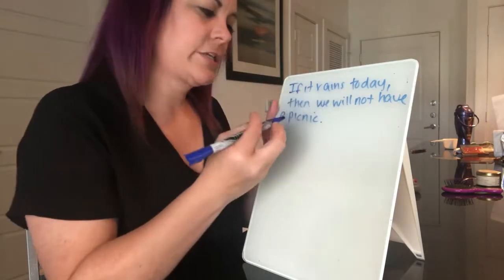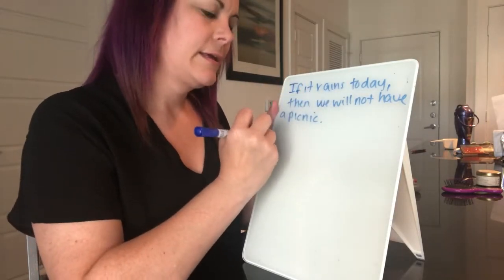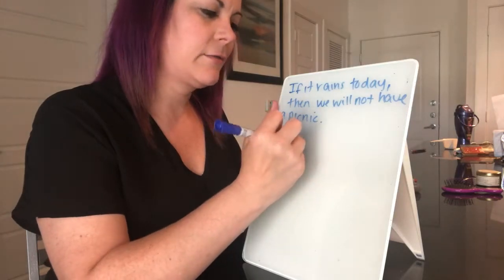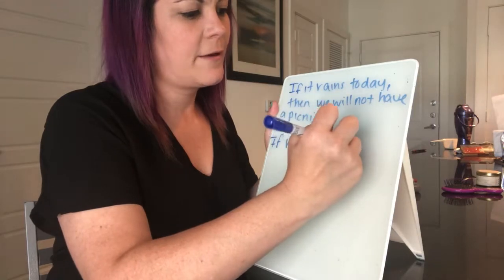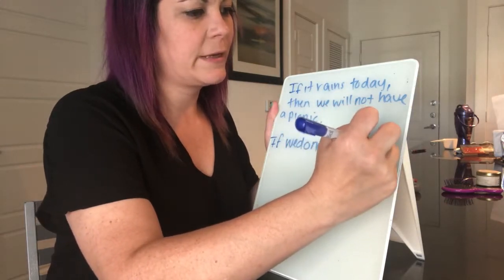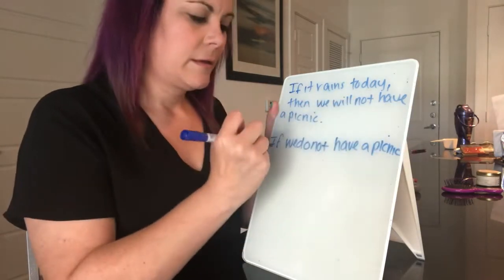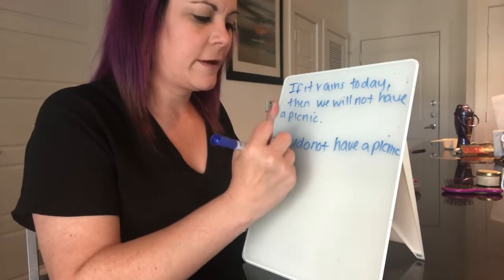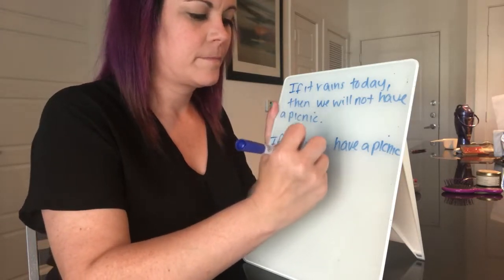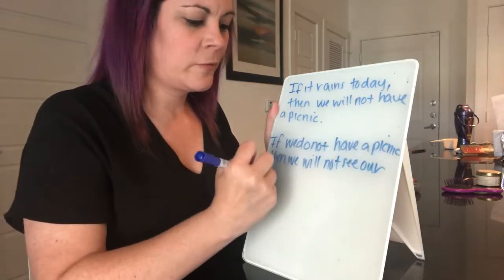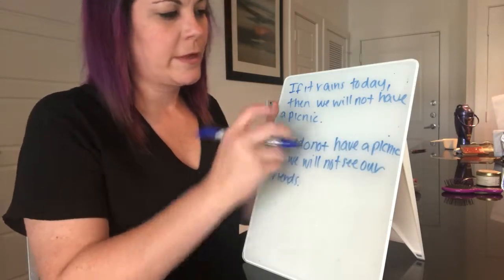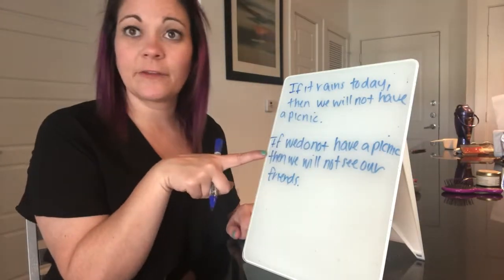Then our second conditional statement says, if we do not have a picnic, then we will not see our friends. You see how the conclusion of one is the hypothesis of another?